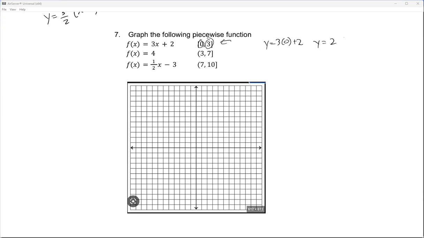So we have to graph (0, 2). And then plug in 3, y is equal to 3 times 3 plus 2, which is 9. 9 plus 2 is 11. So it'd be (3, 11). You're graphing this line right here.